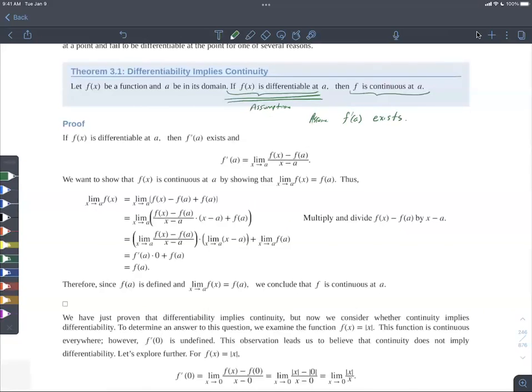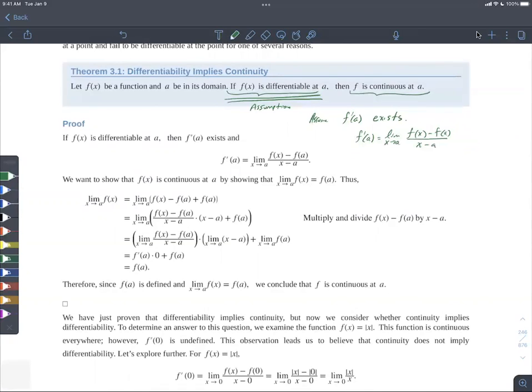If f prime of a exists, then f prime of a is equal to the limit. How did we define this? There were two different ways that we defined f prime of a. In this proof, we'll use the limit as x approaches a of f of x minus f of a divided by x minus a. So if the derivative exists at x equals a, then this limit must exist.